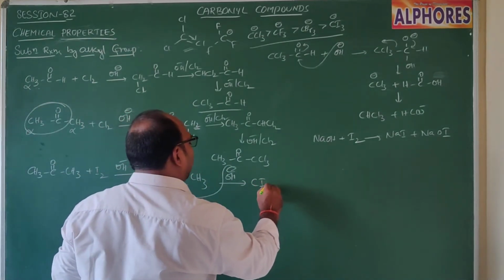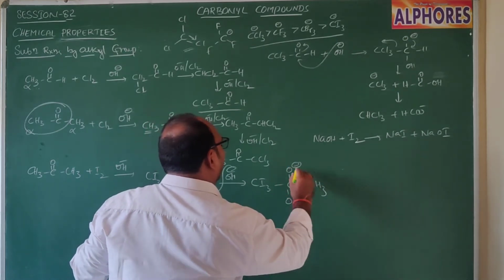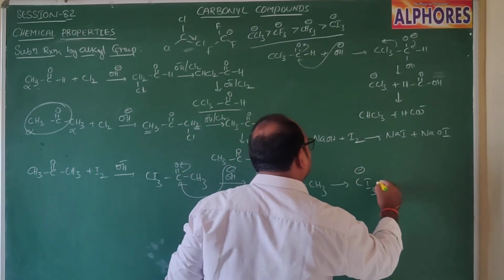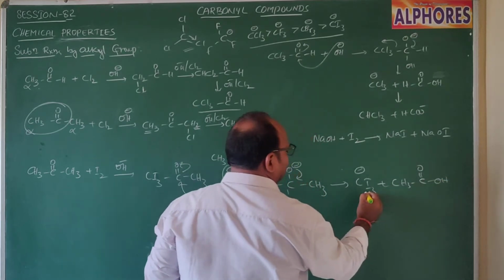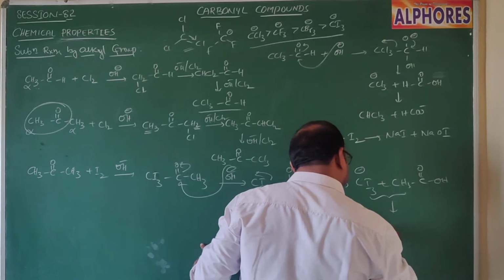Then we are getting CI3CO minus, here OH and CH3. Here O minus upon reversal, CI3 minus comes out, CI3 minus plus CH3 C double bond OH, and this is a base and this is the acid. In between these two, proton transfer takes place.